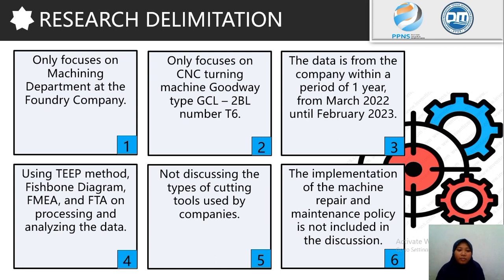Also using the TEEP method, fishbone diagram, FMEA or failure mode and effect analysis, and fault tree analysis or FTA in processing and analyzing the data. And then not discussing the types of cutting tools used by companies. And then the last, the implementations of the machine repair and maintenance policy is not included in this discussion.